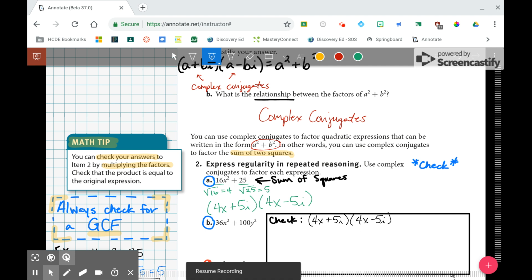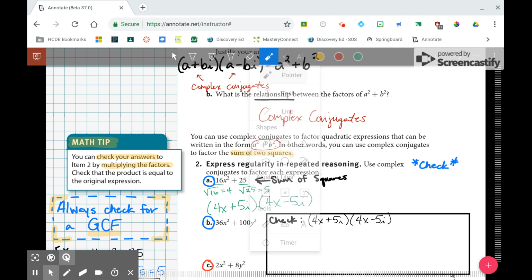The 4 gets the x because remember that this was 16x squared, so the square root of the 16 is the 4. The square root of x squared means that they both get an x. The positive 25.